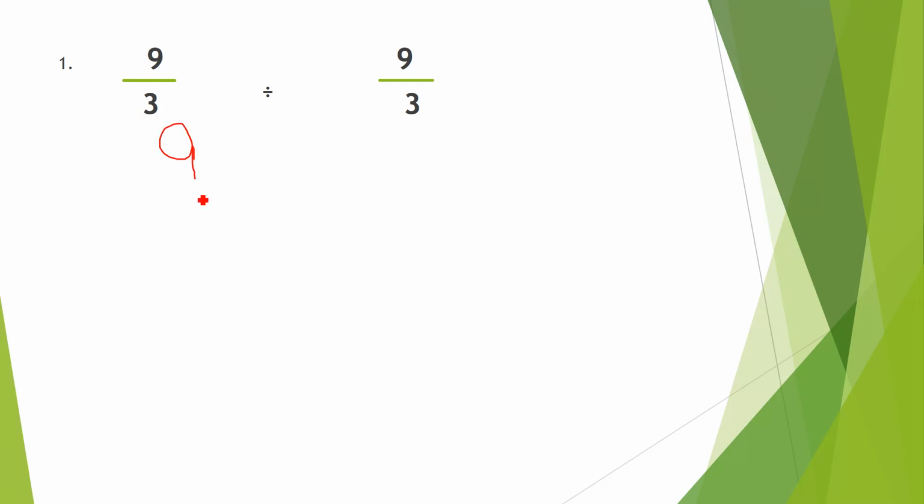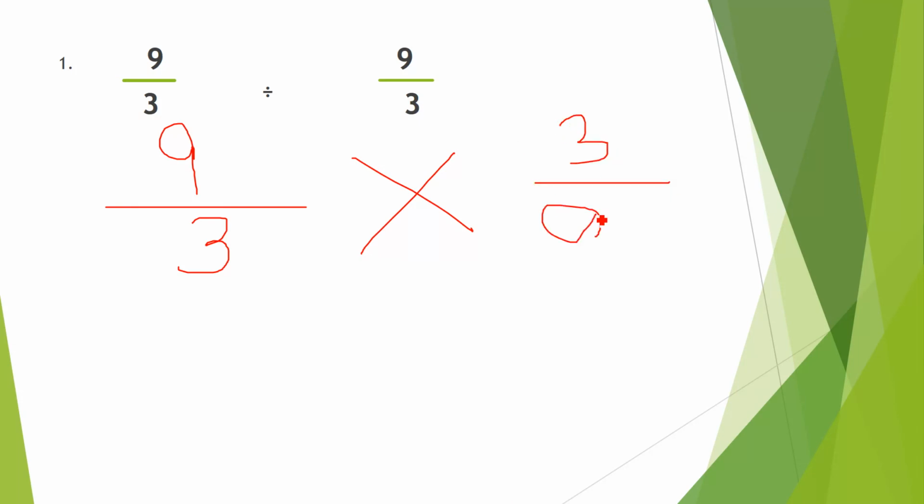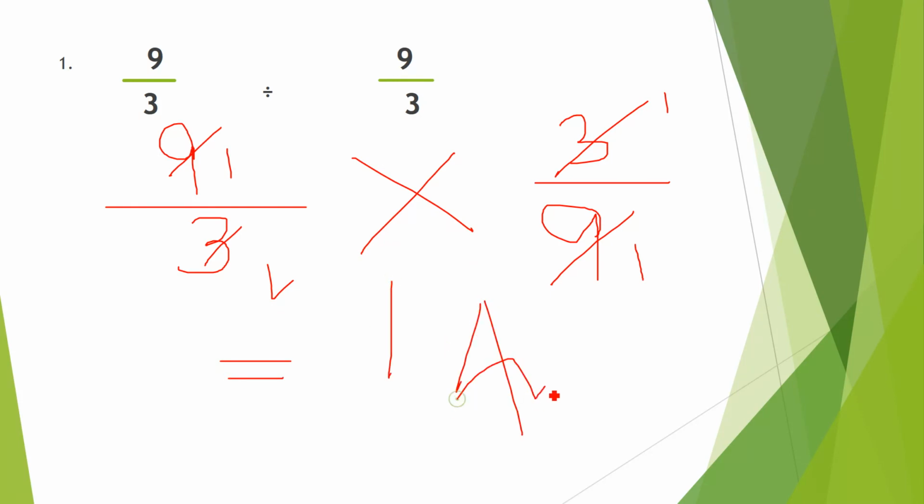Here I will solve one more question. So 9 over 3, convert this to multiplication. Change the position, it will be 3 over 9. So see, 9 one time 9, 9 one time, 3 one time 3, 3 one time. Again the answer is 1 because we have 1 in the numerator, 1 in the denominator.